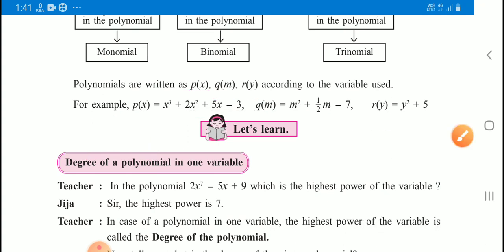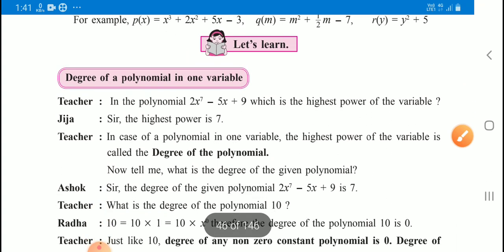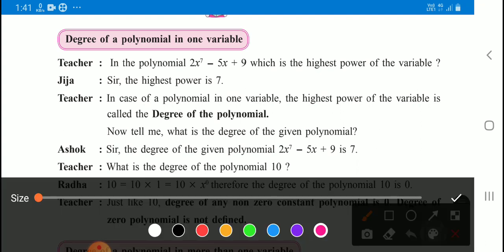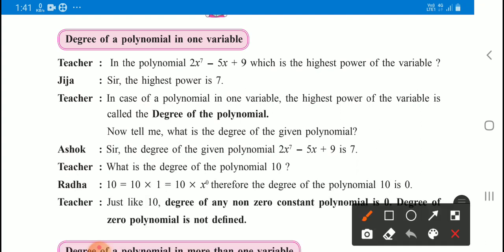Now we'll see the degree of the polynomial. Degree of a polynomial in one variable. Teacher said in the polynomial 2x raised to 7 minus 5x plus 9, which is the highest power of the variable? Here you can see this polynomial is of trinomial type because three terms are there. And what is the highest power of the variable here?